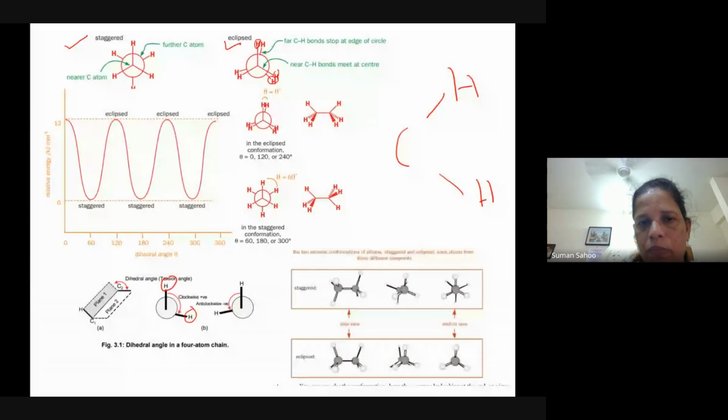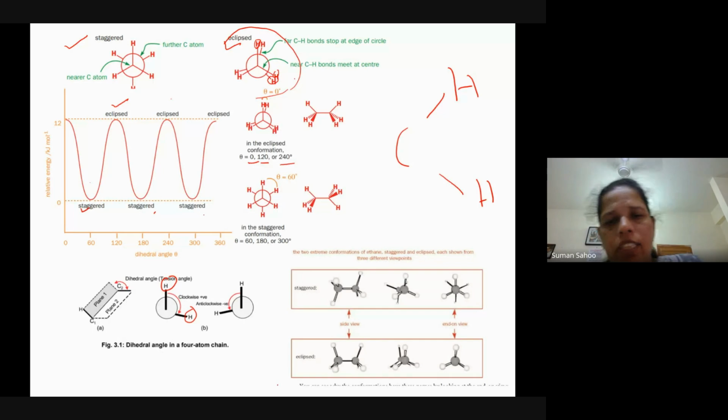Starting from the eclipsed conformation, as these hydrogens are in an eclipsed position, they have higher energy. When you rotate the carbon-carbon bond through different dihedral angles, starting from 0, 120 and 240, you get a staggered conformation, then eclipsed, again staggered, again eclipsed, staggered and eclipsed. So the eclipsed conformation is the higher energy, less stable conformation, and staggered is the more stable conformation.